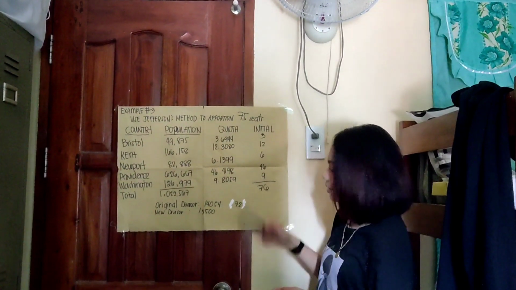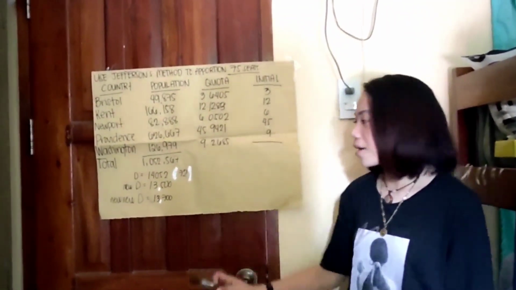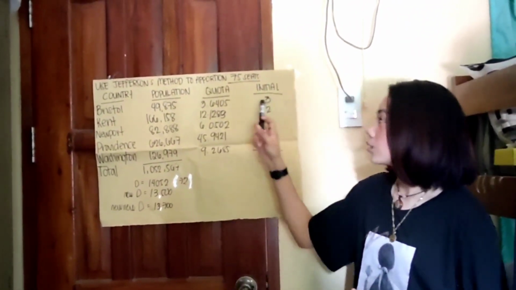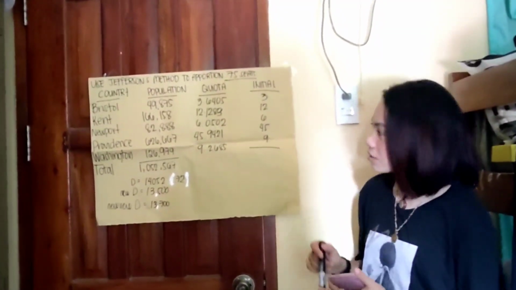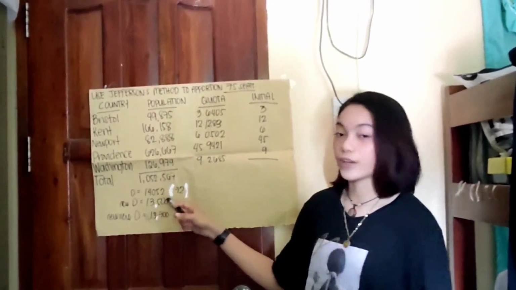Let's take a new divisor to get our 75 seats. As you can see from the previous example, we have 13,500 as our divisor, so it is not right.